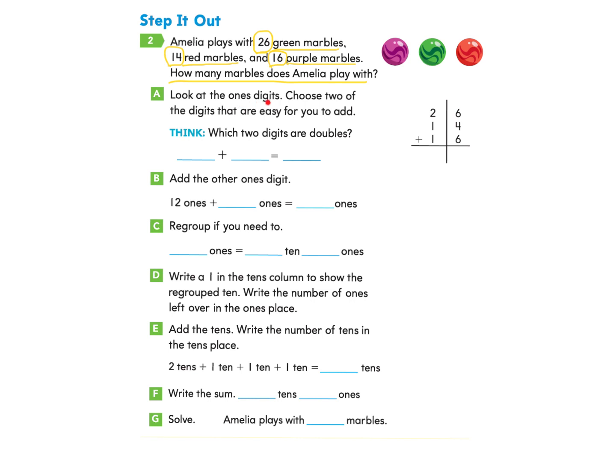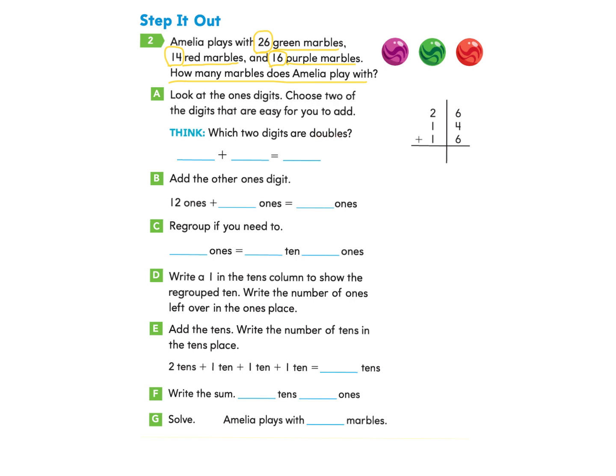Look at the ones digits. Choose 2 of the digits that are easy for you to add. So when we're looking at the ones column, which 2 numbers are easiest for you to add? This time, the strategy they want you to look for is think which 2 digits are doubles.